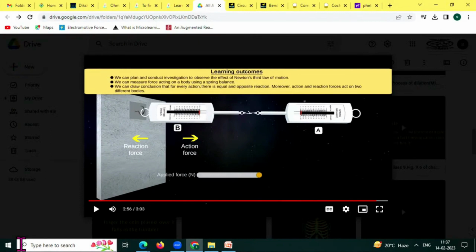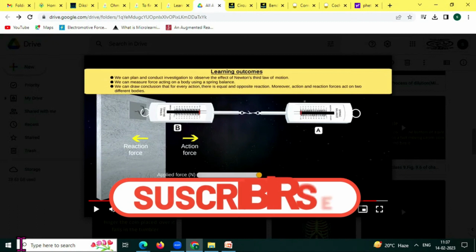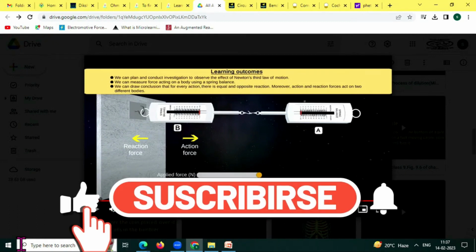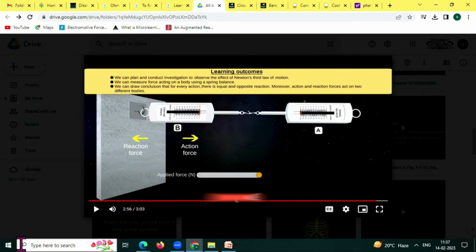So we can see that in virtual lab experimental work, any one of the variables can be controlled, and a study of those independent variables is observed.